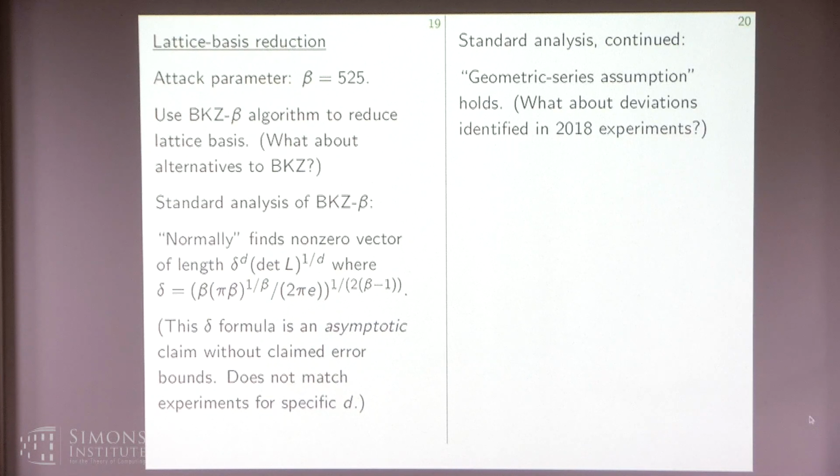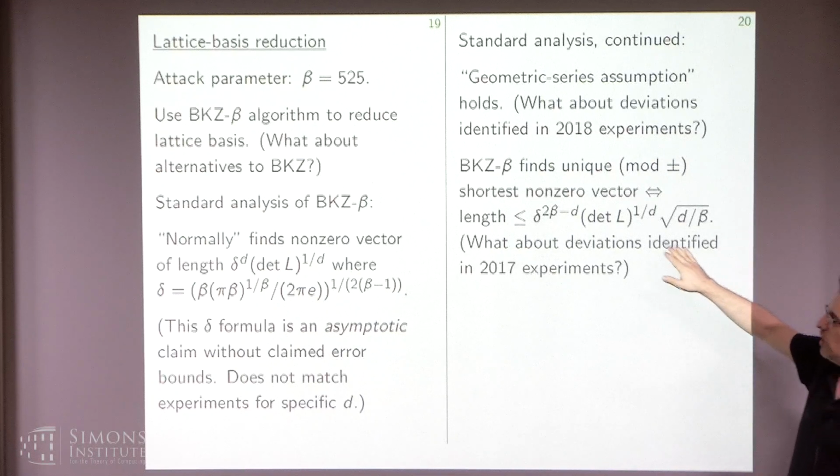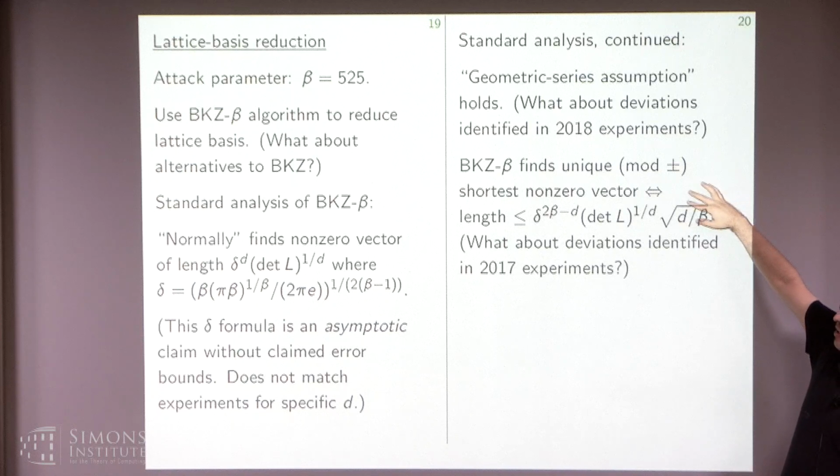It may not be wrong enough to matter, but it's hard to tell. People don't do that analysis. The standard analysis just says that's correct, which in turn gives you, via another argument, what people call the 2016 estimate, which was shown experimentally to be wrong in 2017, which says if your vector is as small as blah, then you will find it.